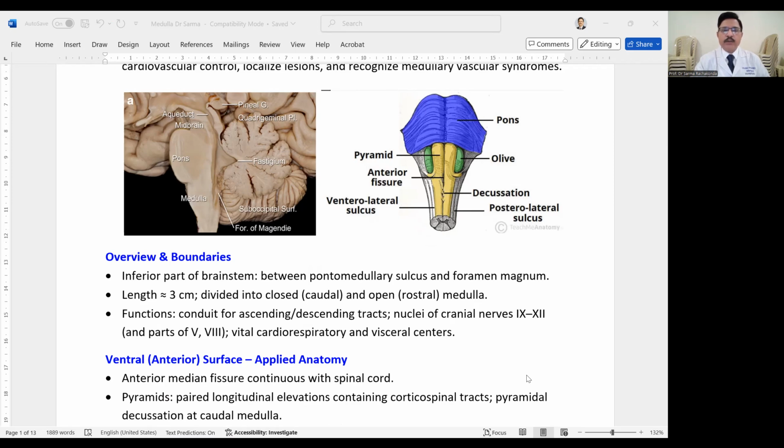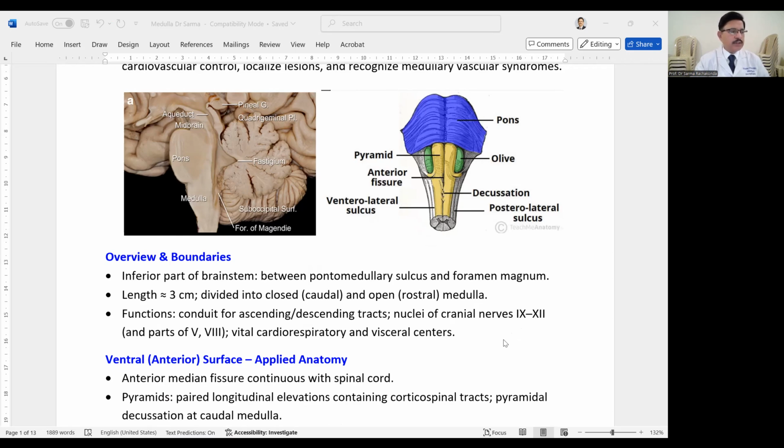The caudal part is closed because the fourth ventricle stops here and it becomes a canal. So the lower part of the medulla oblongata is closed, whereas the upper part is the open part, opening into the fourth ventricle, whose floor is formed by the medulla oblongata.